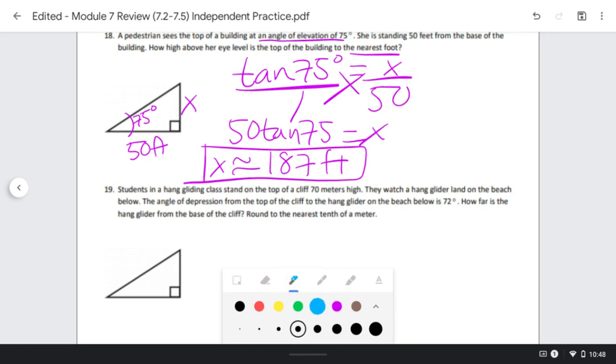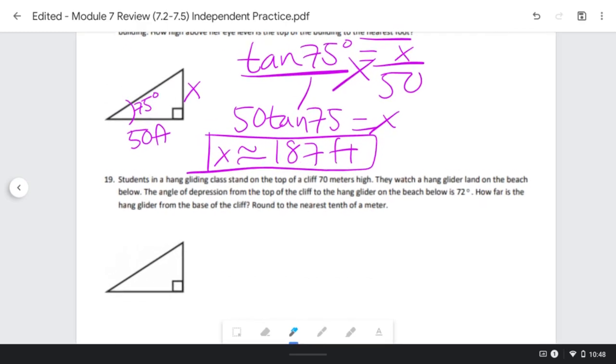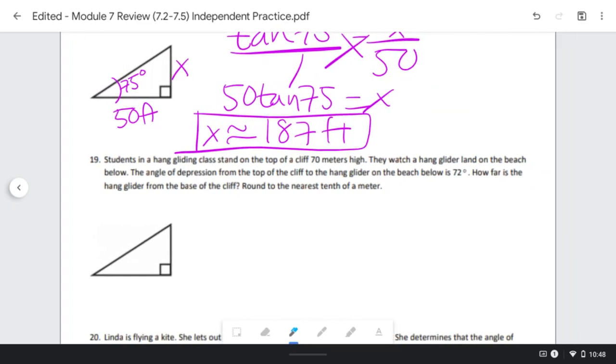All right, looking at the next one, it says students in a hang gliding class stand on top of a cliff that's 70 meters high. So high, tall, top, this is going to be the height of the triangle, so 70 meters. They watch a hang glider land on the beach below. The angle of depression from the top of the cliff to the hang glider on the beach below is 72 degrees.